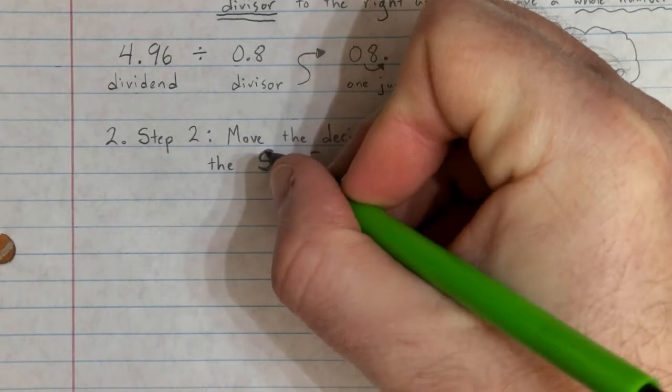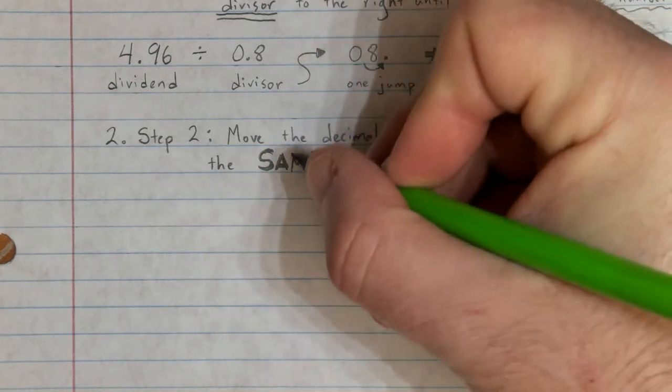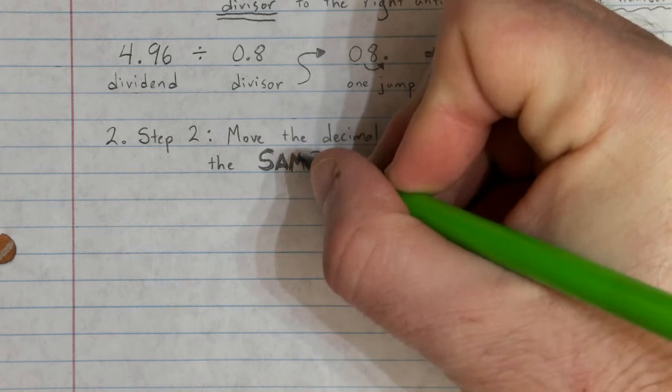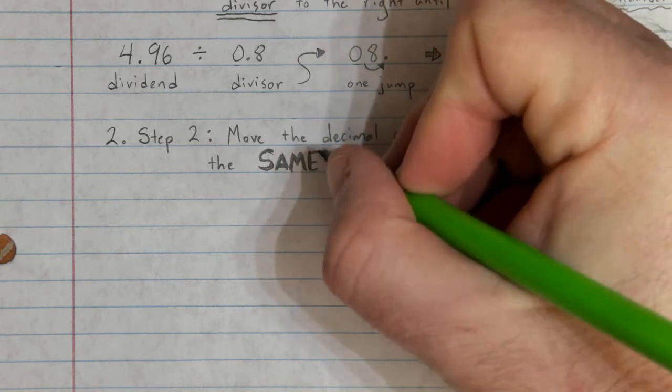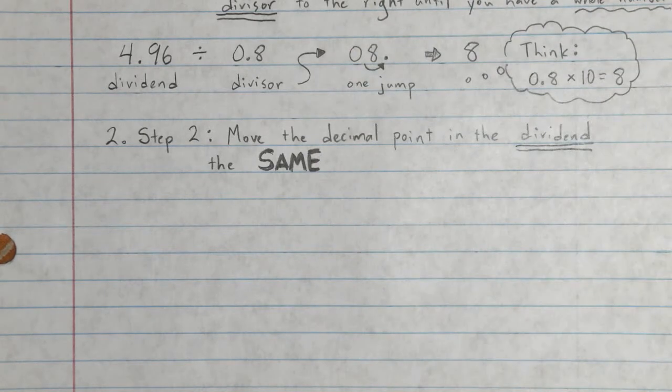Now I'm going to take some time to really make sure that this is super clear. With the divisor, we moved that decimal point over as many spaces as it took to make a whole number. That is not happening with the dividend.